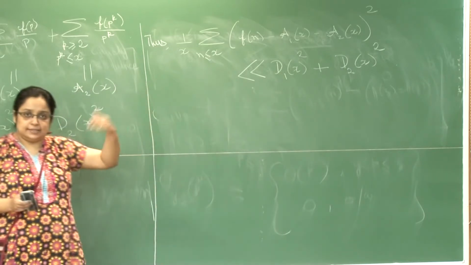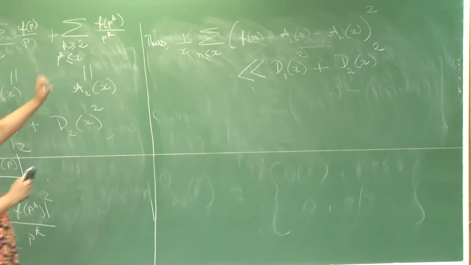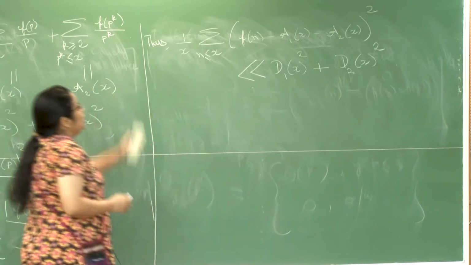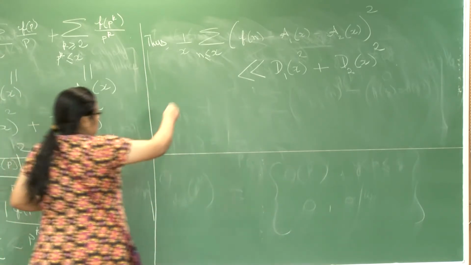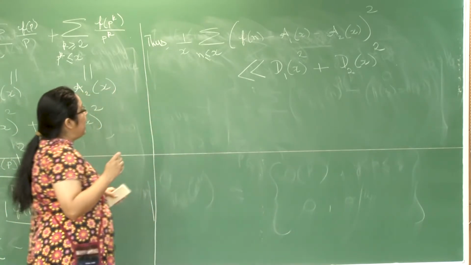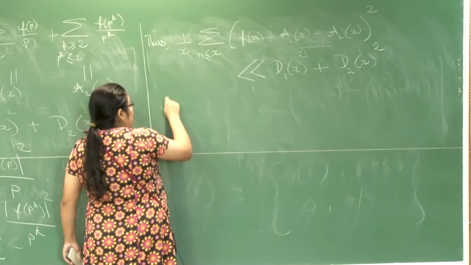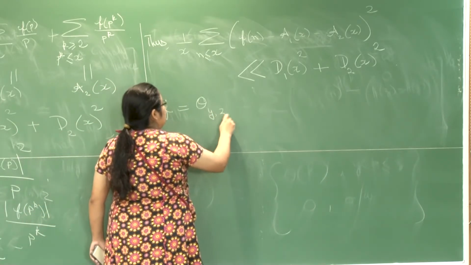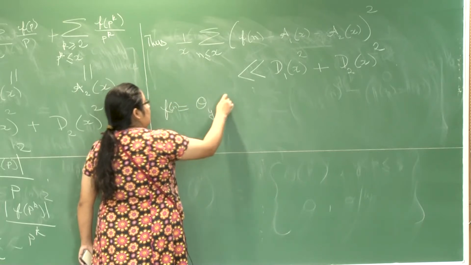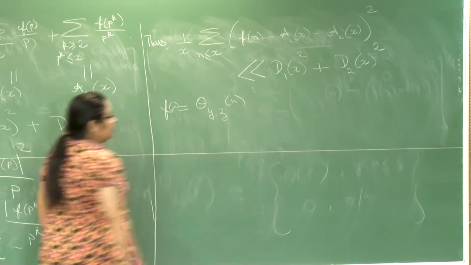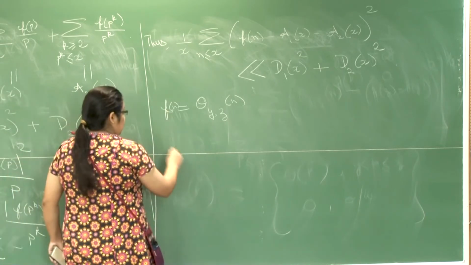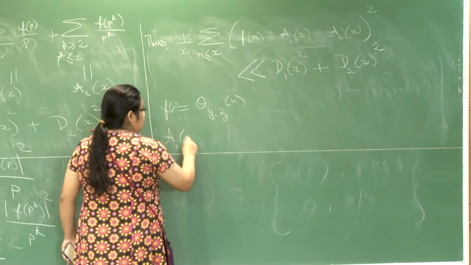So, that is something we do, and then individually we focus on these smaller parts. So, here's what we have so far. Our f is equal to theta yz, right. So, what is a1 of x for us?